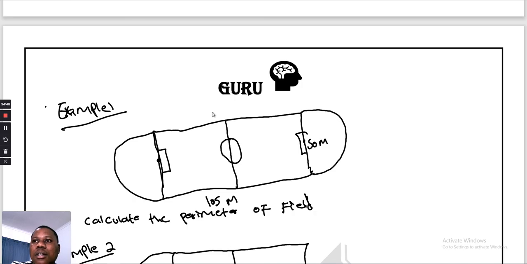That is number 1. Remember, you're not always going to be told that the shape given is a field or whatever.